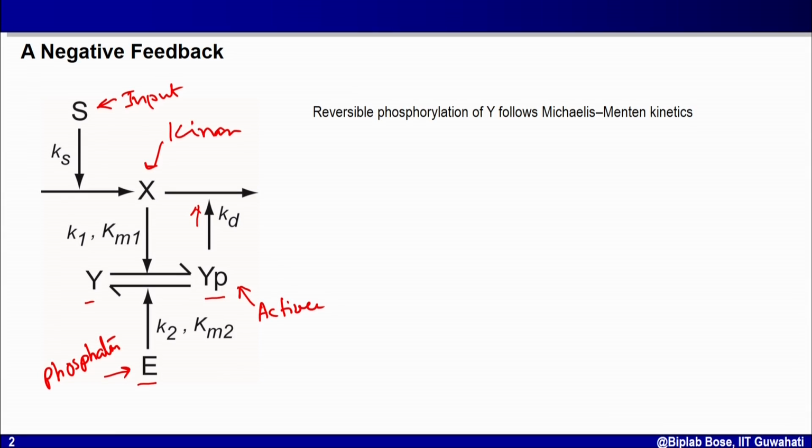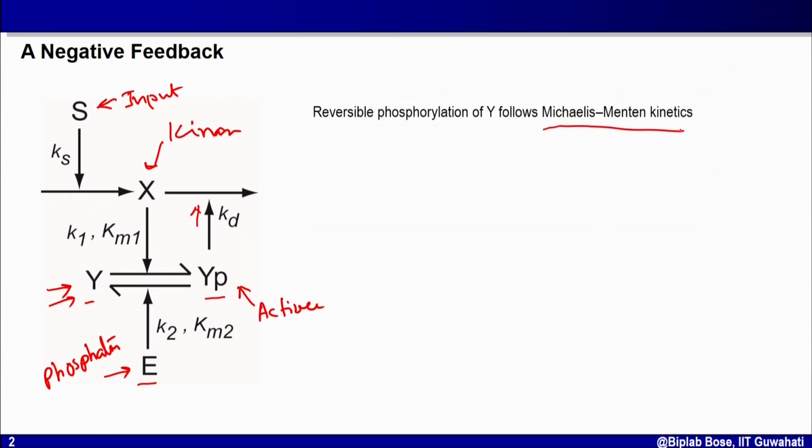So before we move further, let us create a mathematical model using ODEs for this system. Before we proceed, let me assume that for this reversible step, Y to YP, I have two reactions, Y to YP controlled by X and YP to Y controlled by E. Let us consider these two steps following Michaelis-Menten kinetics.